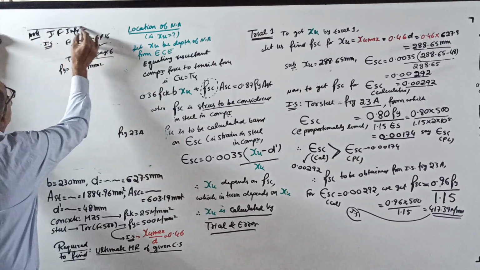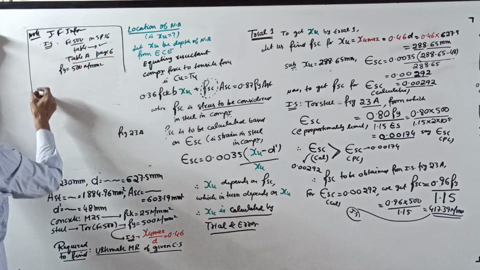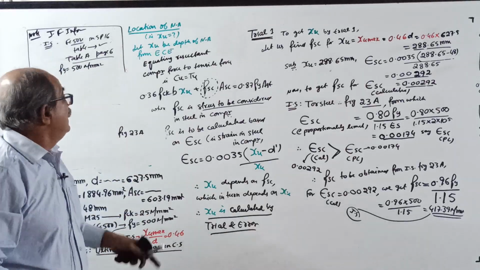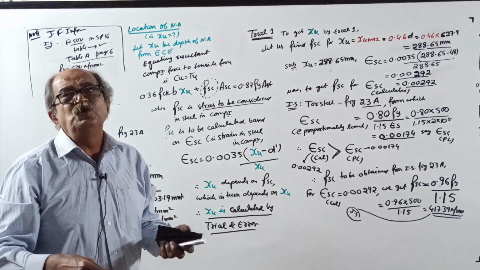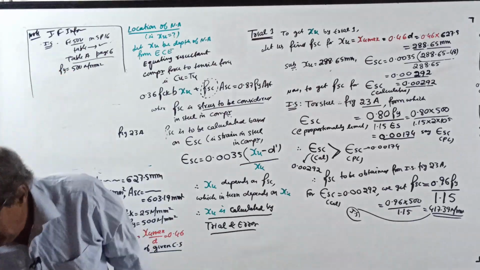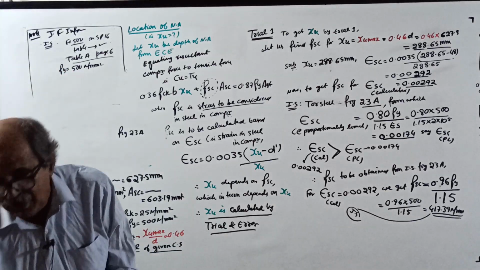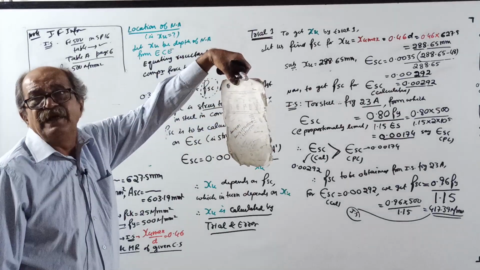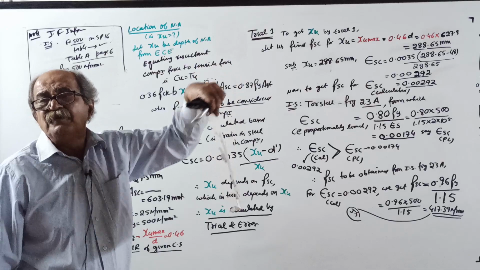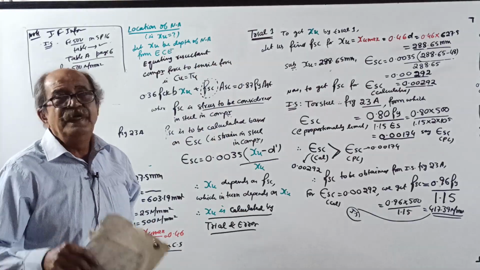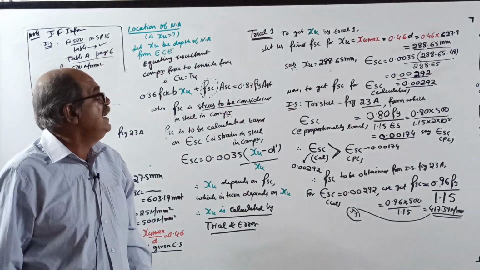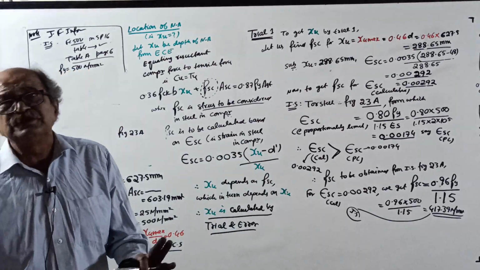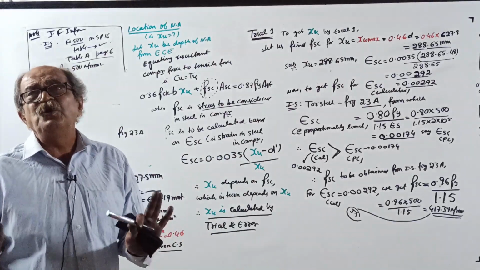I am not using this. If SP16 is available, you don't have to struggle with the IS code curve; directly use the SP16 table and get the value. But in some examinations they may not give it, but the IS code they will give. Therefore, we will stick to the IS code. SP16 we are not using.